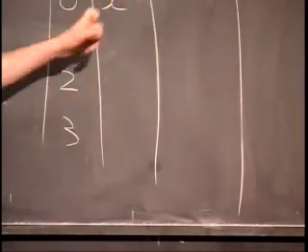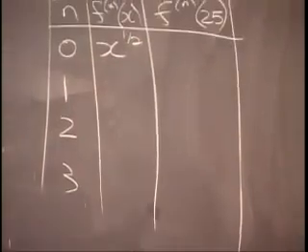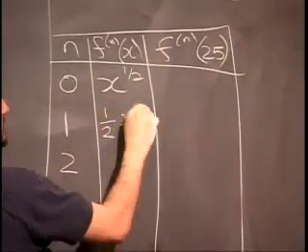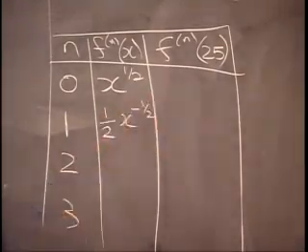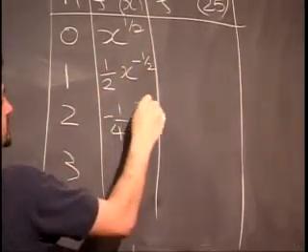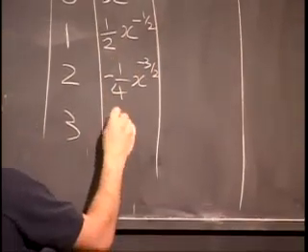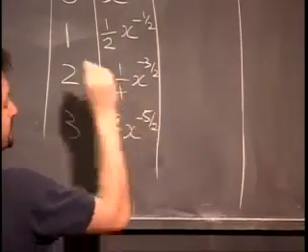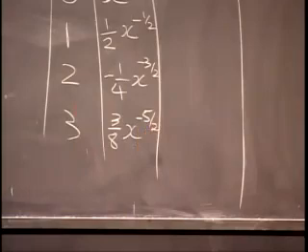We need to differentiate this a few times. The first derivative is 1/2 x to the minus 1/2. The next derivative is minus 1/4 x to the minus 3/2. And finally, 3/8 x to the minus 5/2. I say finally, I'm just being optimistic here. I might need to keep on going.